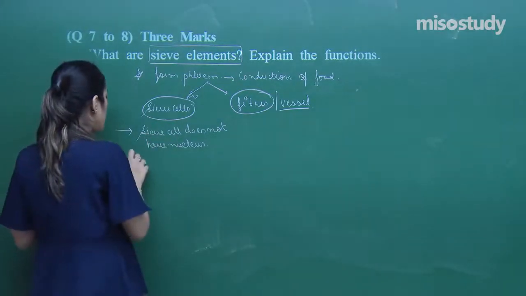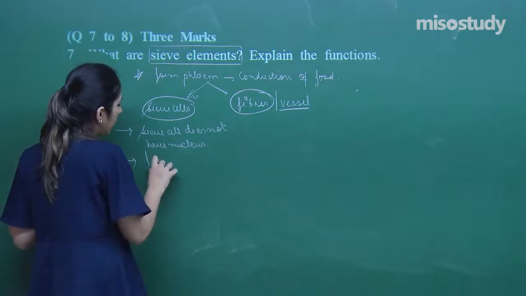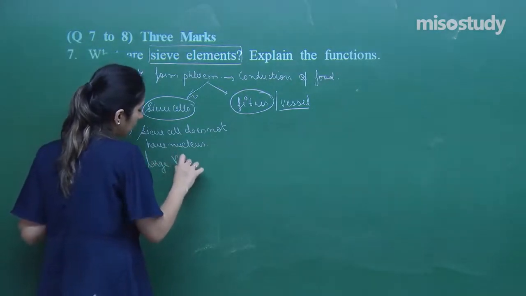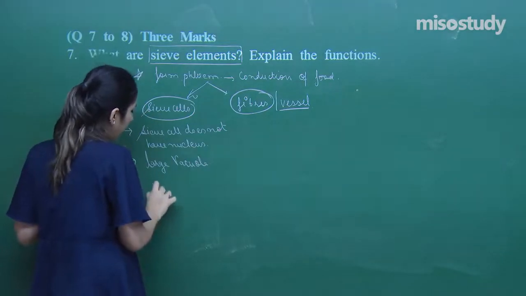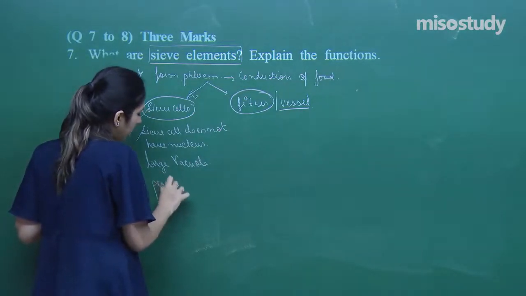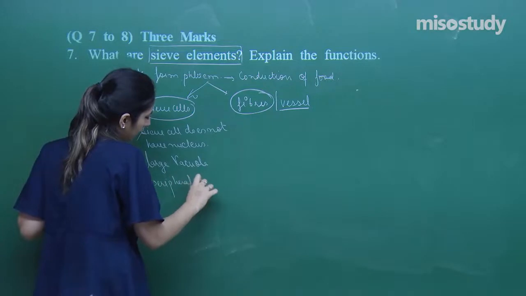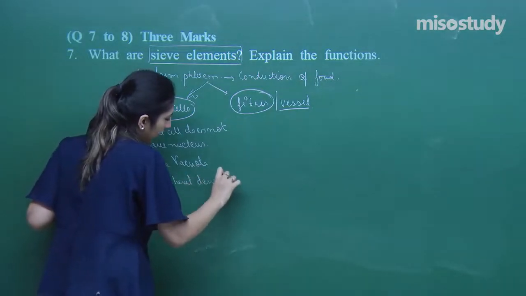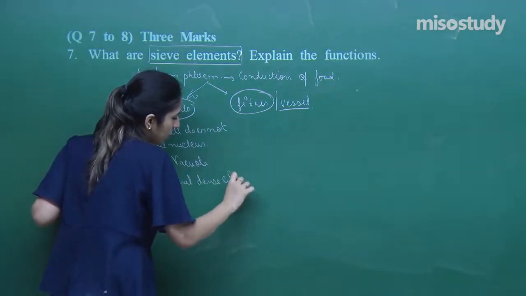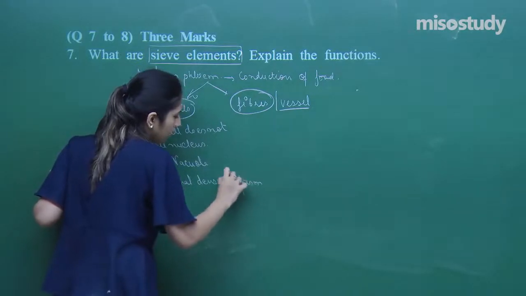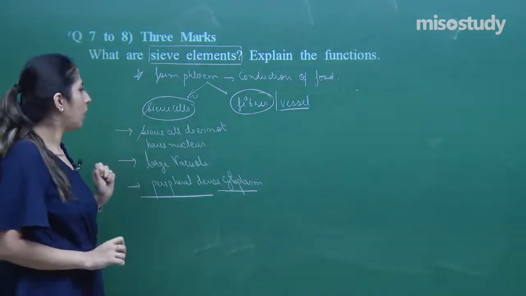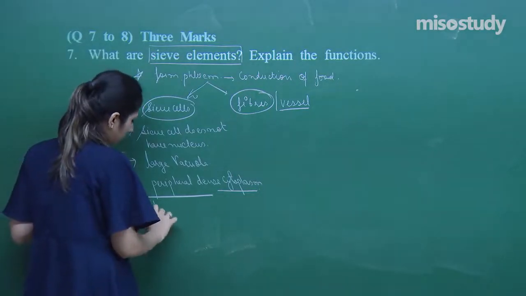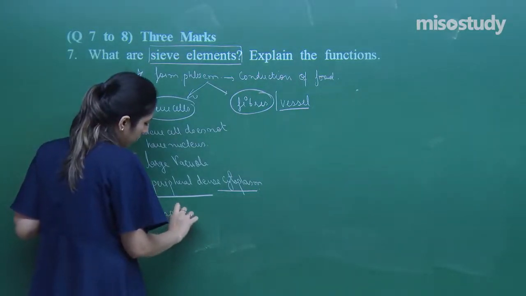Now, to talk about the structure, a large vacuole is present. Peripheral dense cytoplasm is present in this case. Now, they are associated with companion cells.